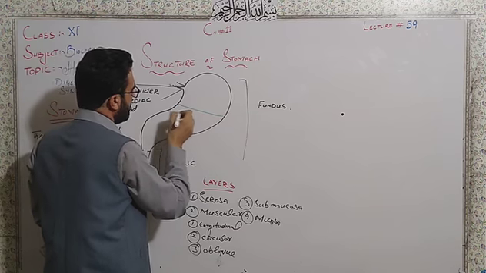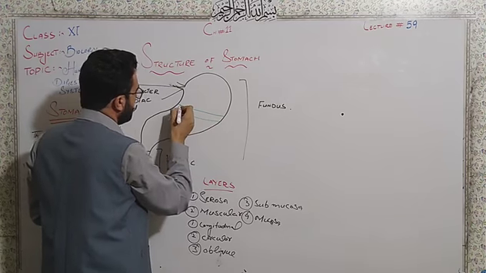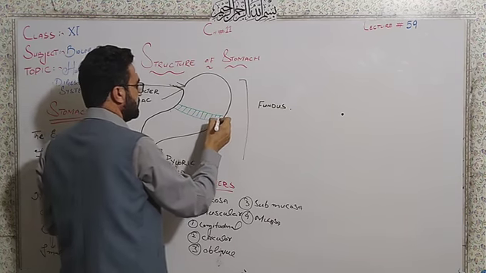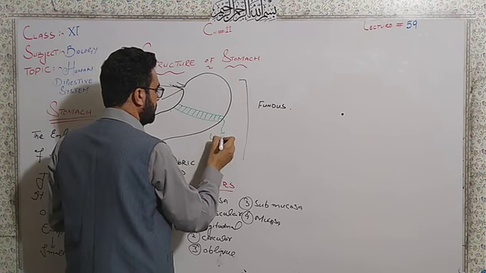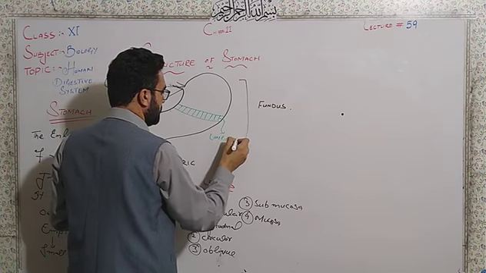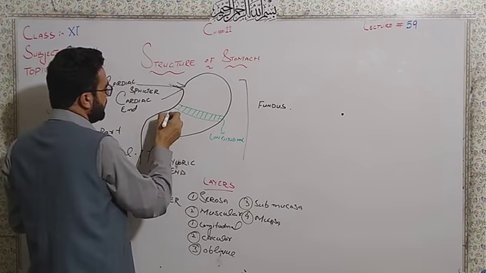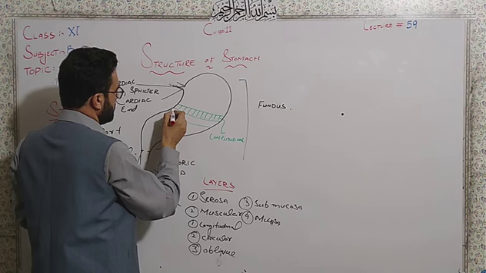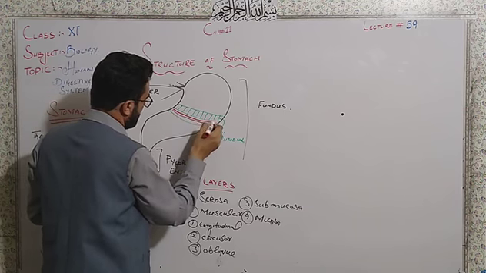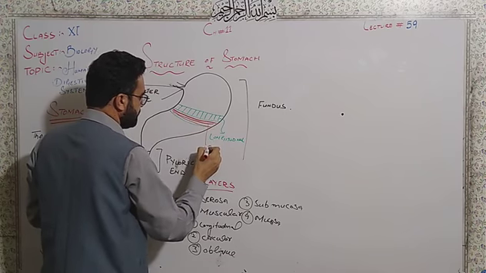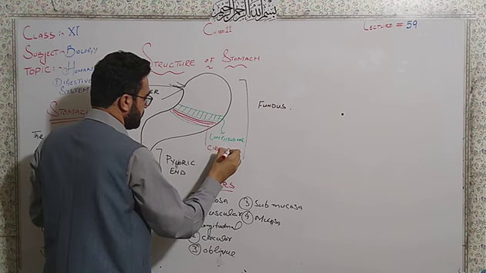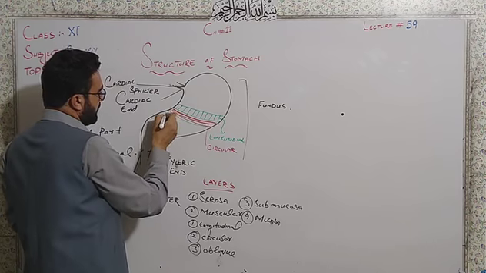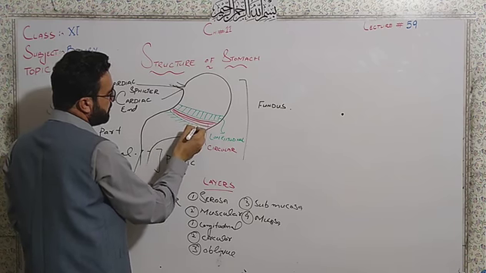The first layer is longitudinal. The second layer is called circular. The third layer is called oblique muscles.